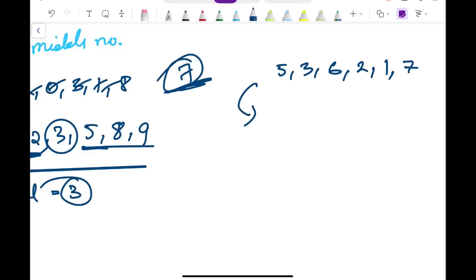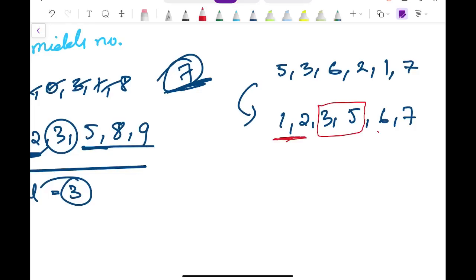Ascending order means from the smallest: 1, 2, 3, 5, 6, and 7. After arranging that, if you look here, you see that there is no single middle number. This one is left out, this one is left out. So an even number of terms will always have two middle numbers. You sum the two middle numbers and divide by 2.